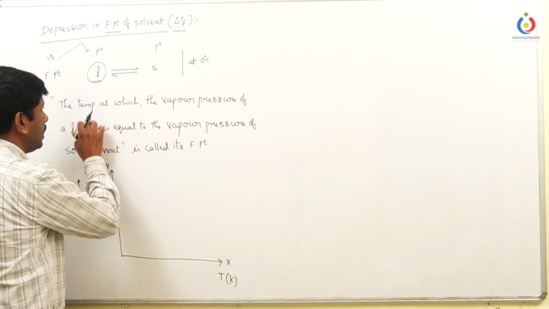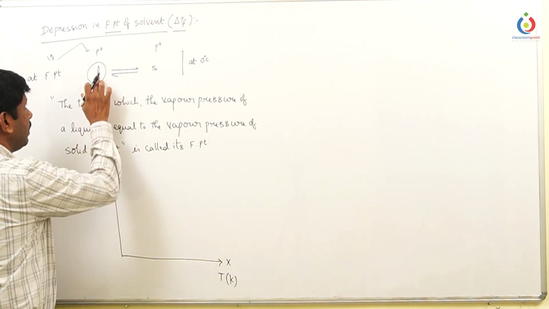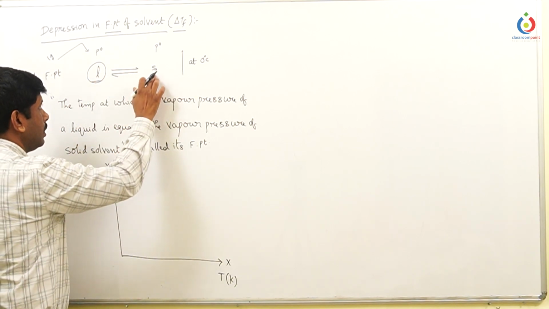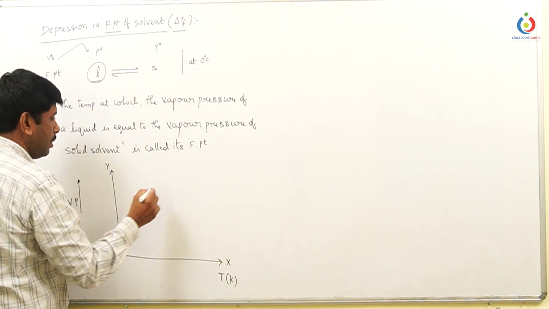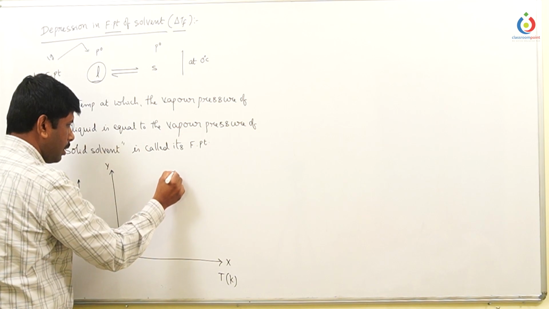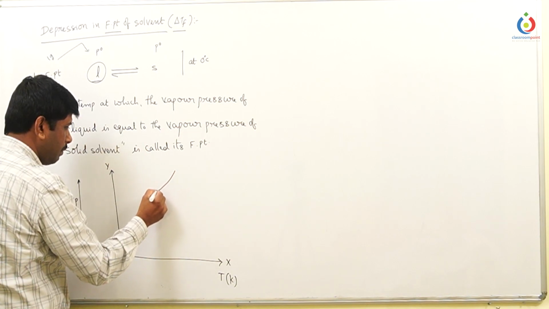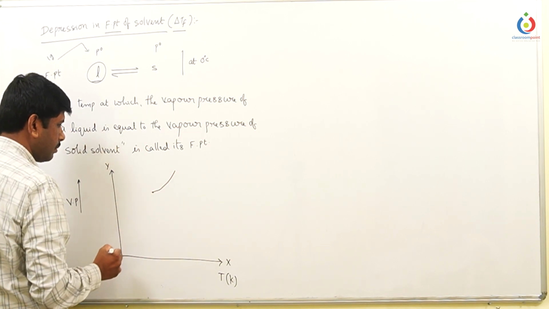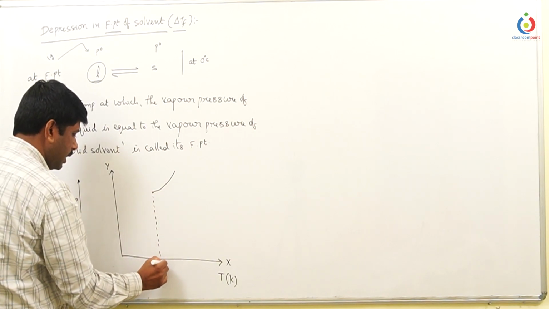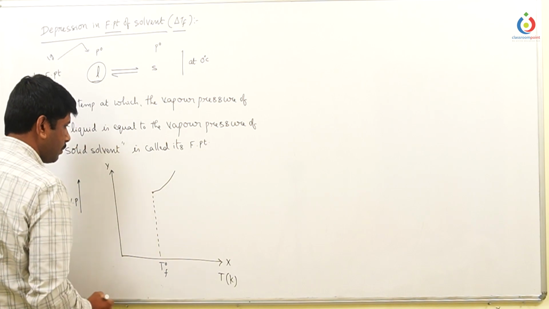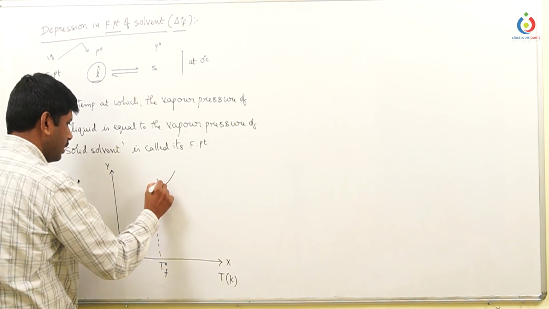For the solvent, as we said here, the liquid vapor pressure must be equal to the vapor pressure in the solid state at equilibrium, so whenever you reduce the temperature, the solvent freezes at a particular point. So this could be the freezing point of the solvent. Let us take it as T0F, solvent.